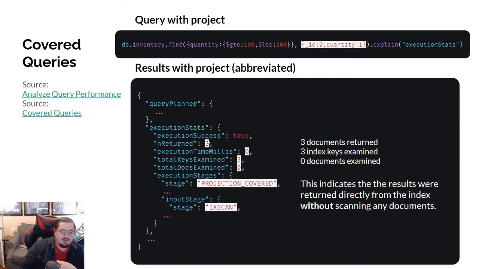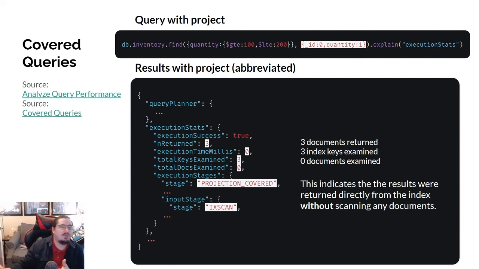So it returned 3 documents. It looked at 3 index keys still, but this went down to 0. And it says projection covered. The stage is that, and inside of there's an IXSCAN. So if you see that there, that's what's happening.